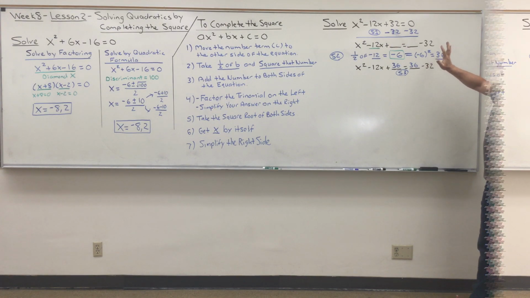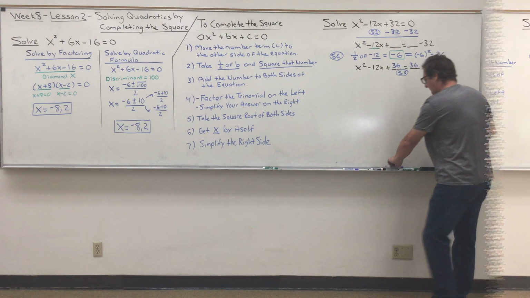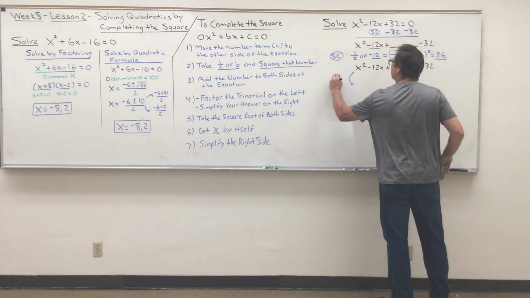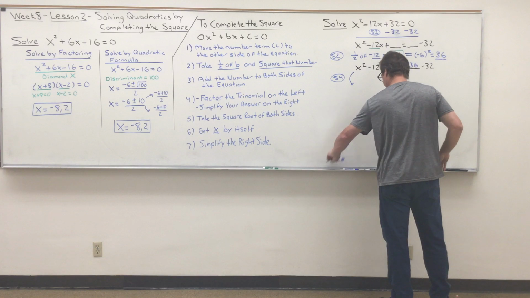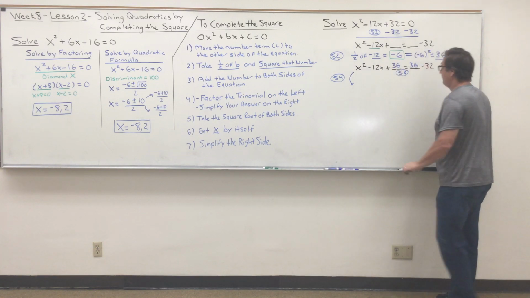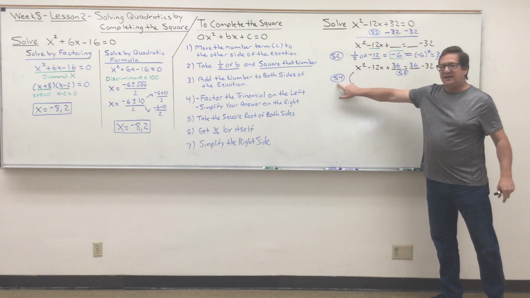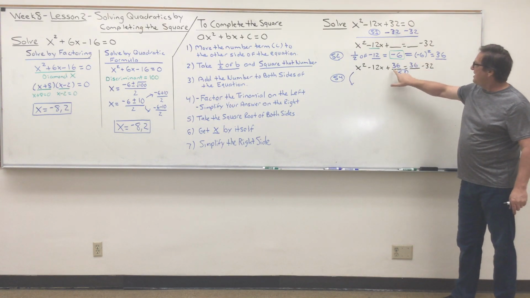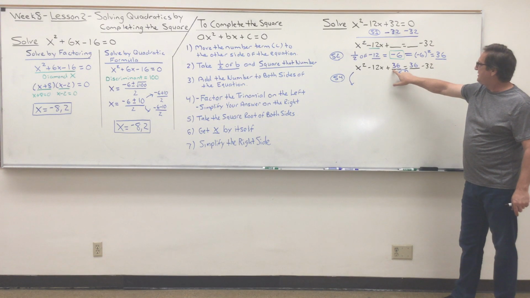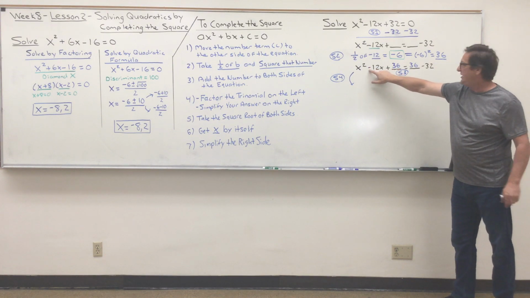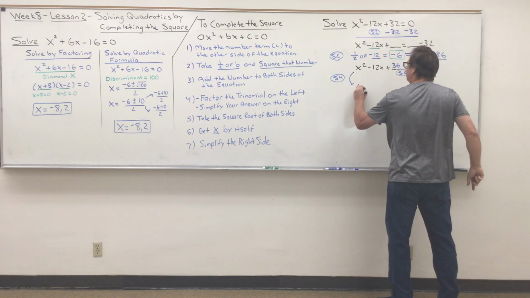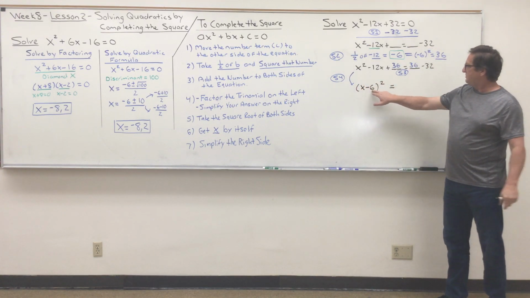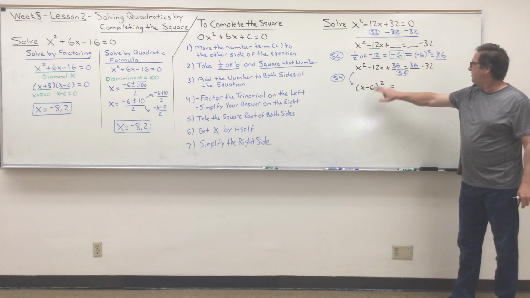And then step 4, factor the trinomial on the left. So if we made a diamond, or here's our shortcut right here. 2 numbers that when you multiply you get 36, and when you put them together you get negative 12, is x minus 6 to the second power.